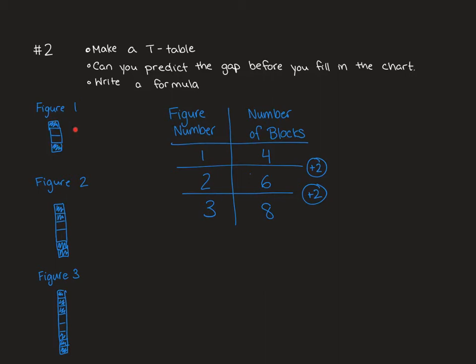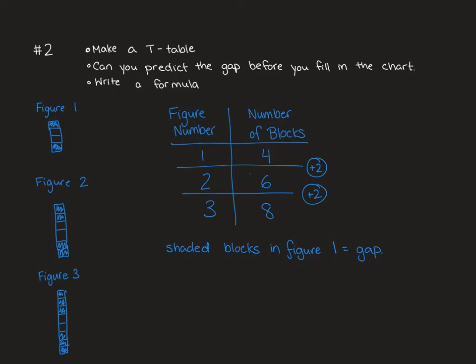So the number of shaded in the original is actually usually how many it goes up by each time, or is our gap. So when you're looking to see if you could predict the gap before you fill it in, you could just look at how many shaded blocks there are in the first figure, and that will probably see if that gives you a connection to the number of gaps.